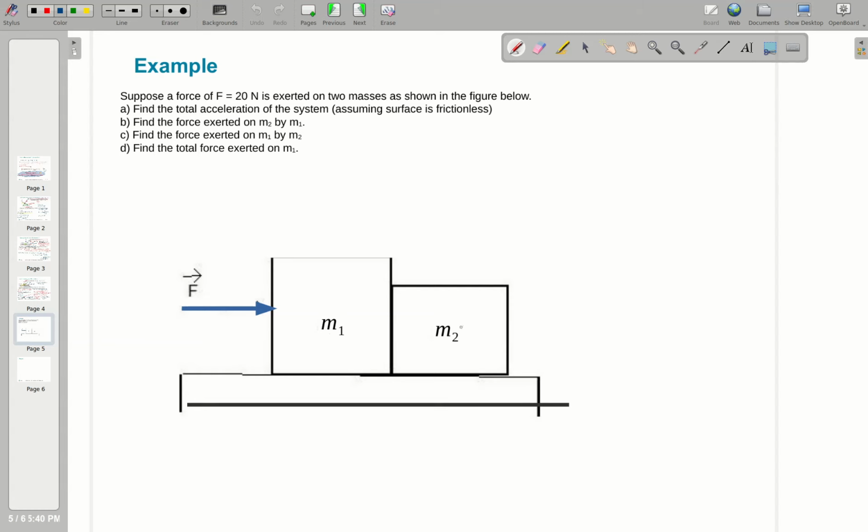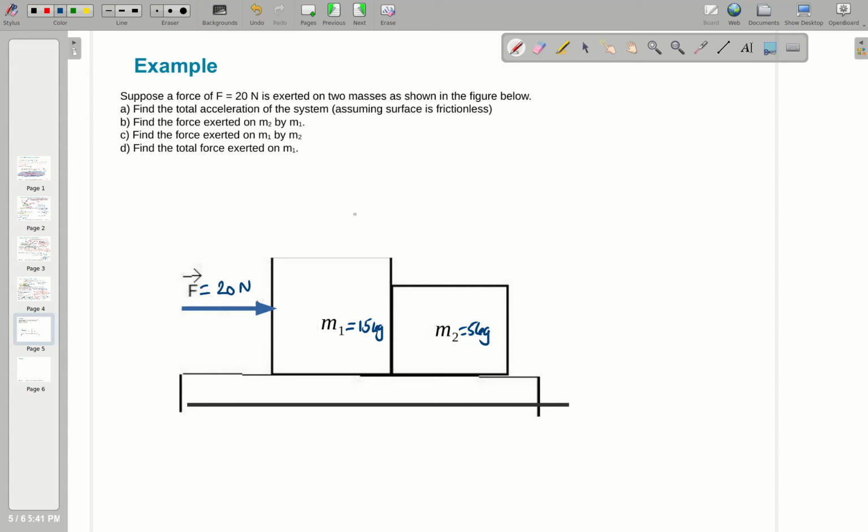We have two masses. A force is applied to them, which is given as 20 Newton. Mass 1 is, oh, I forgot the list of mass 1, mass 2. Mass 1 is 15 kilogram. And mass 2 is 5 kilogram.